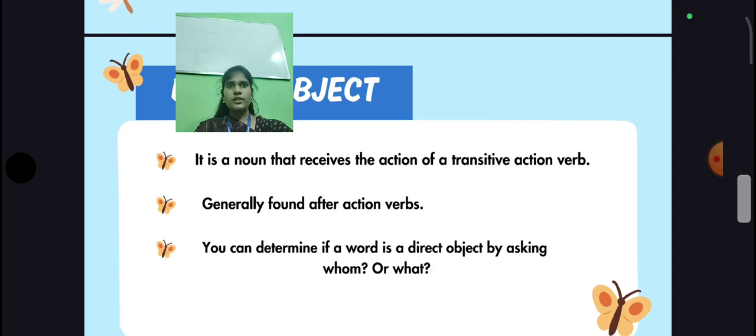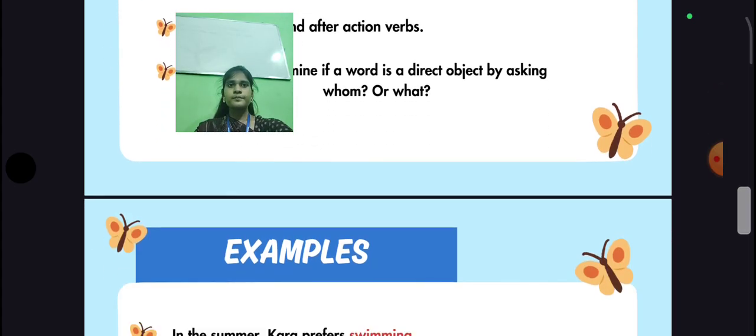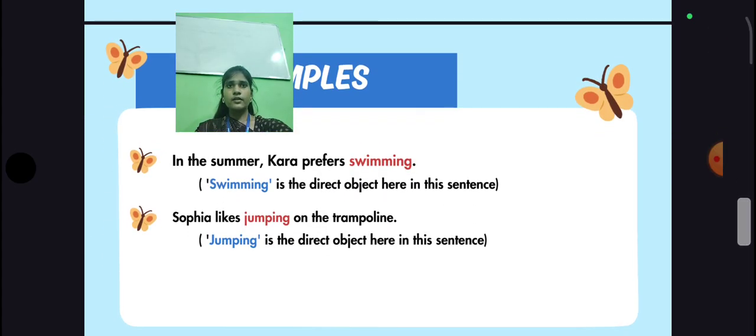Direct object is a noun that receives the action of a transitive action verb, generally found after action verbs. As I've already said, object answers what or whom. Here is an example: in the summer, Kara prefers swimming. Kara prefers what? Swimming in summer. So it is a direct object here.